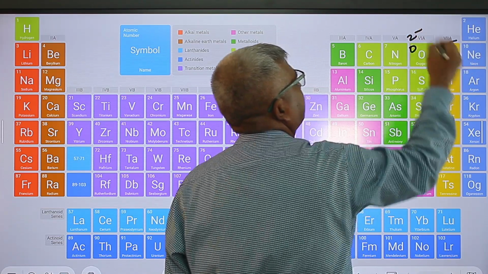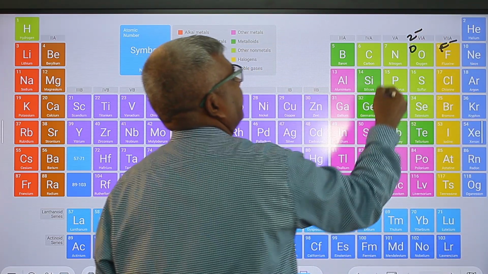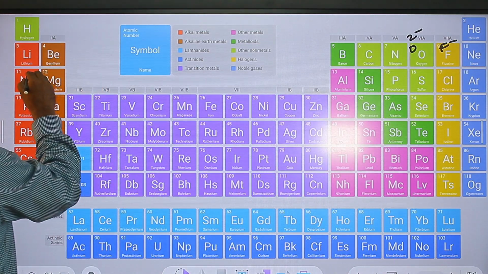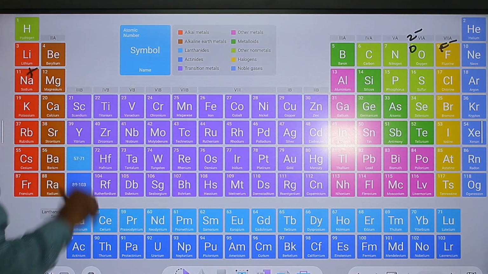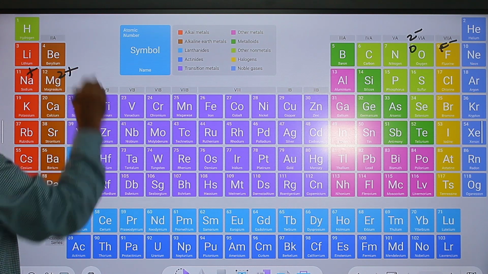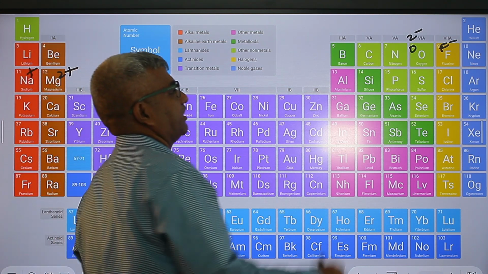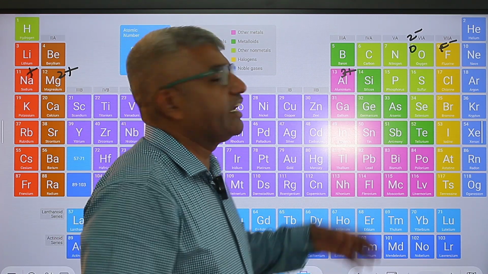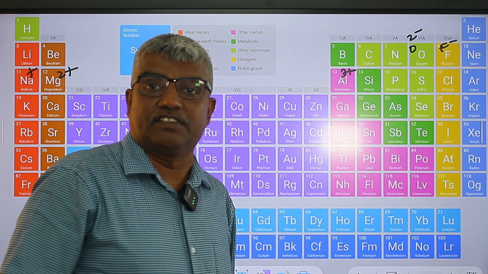O2 minus has 10 electrons. Nitrogen too. Here Na plus will have 10 electrons, magnesium 2 plus will have 10 electrons, aluminum 3 plus will have 10 electrons.